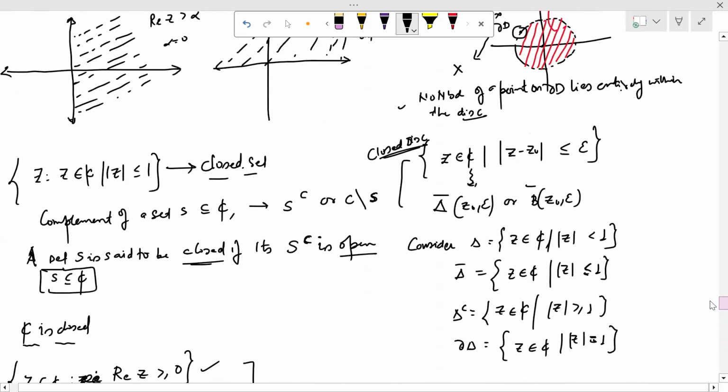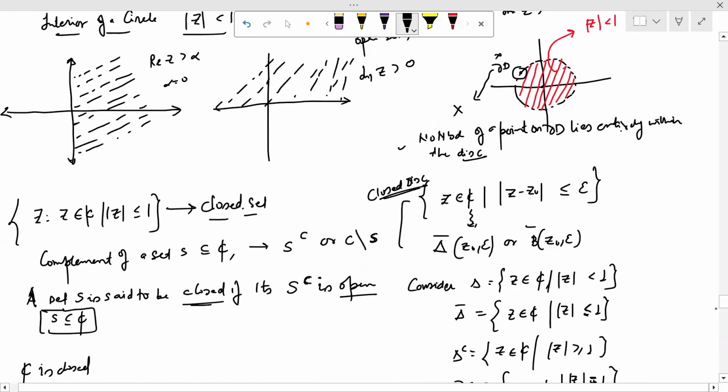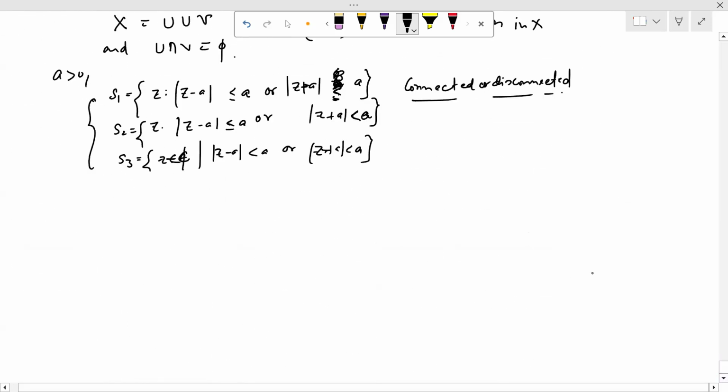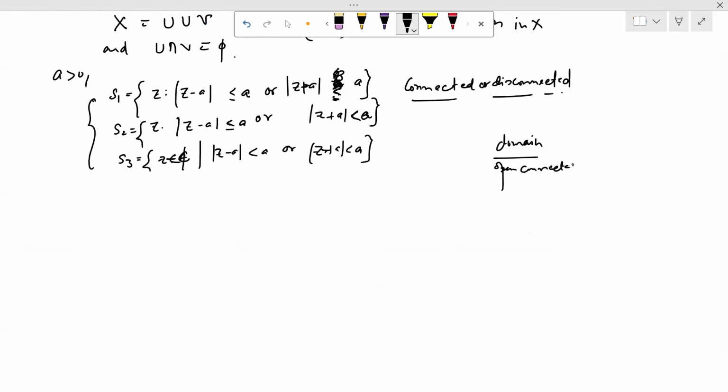Again and again, you will find that I'm going to use open set, closed set, because here the domain means an open and connected set. So whenever I say domain, it implies an open and connected set. So every time I write domain, you have to associate it with an open and connected set. Here domain of definition means the way we used to write for a function, let's say 1 upon x, the domain is x not equal to 0.